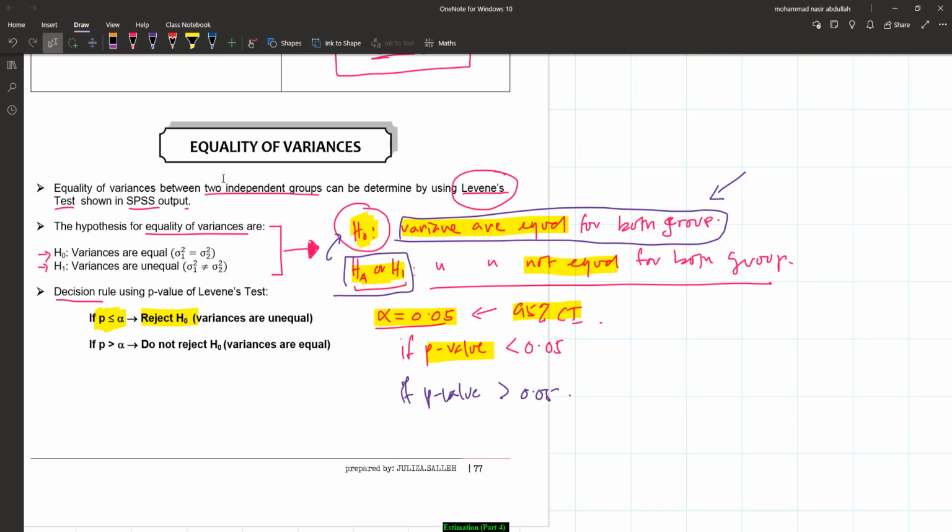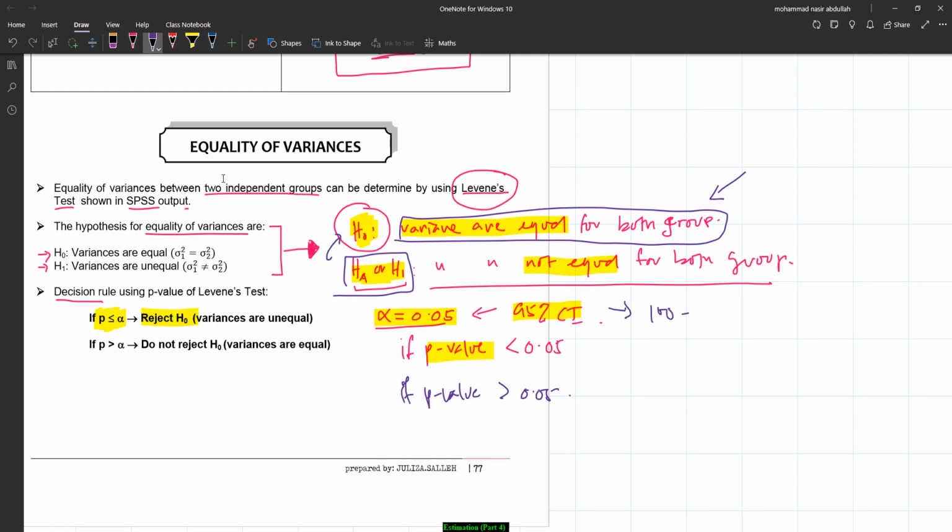To conclude, you need to have a decision rule. The decision rule for Levene's test is if the p-value is less than alpha, alpha is our threshold, our benchmark. Let's say 95%, alpha will be 0.05. 99%, alpha will be 0.01. 97% confidence interval, alpha will be 0.03. So how to get alpha?